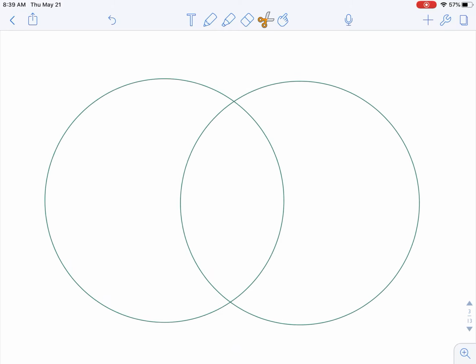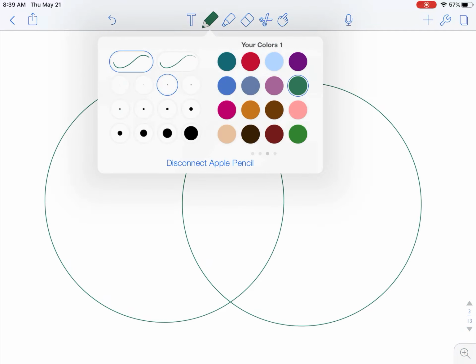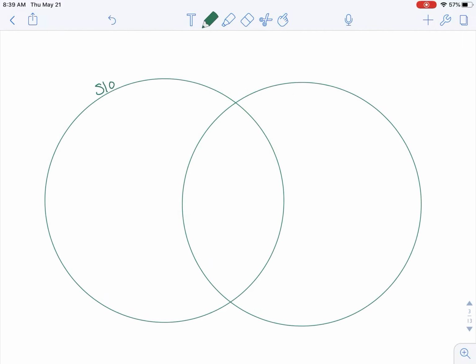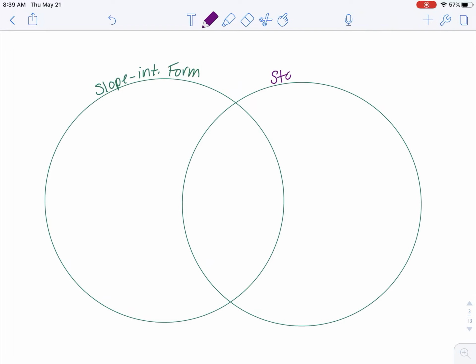Guess what's coming up? A Venn diagram. Yeah. And on this side, we're going to write slope-intercept form. And on this side, we're going to write standard form. Okay?